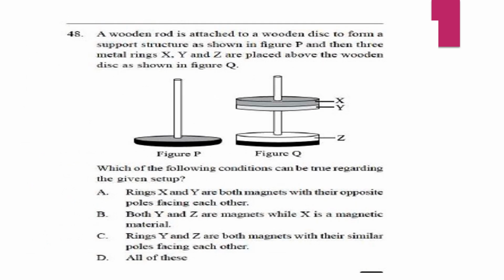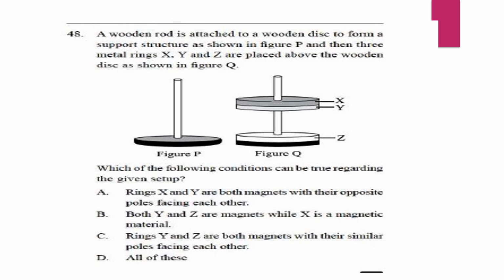Question number 48. A wooden rod is attached to a wooden disc to form a support structure as shown in figure P. And then three metal rings X, Y and Z are placed above the wooden disc as shown in figure Q. Which of the following conditions can be true regarding the given setup?